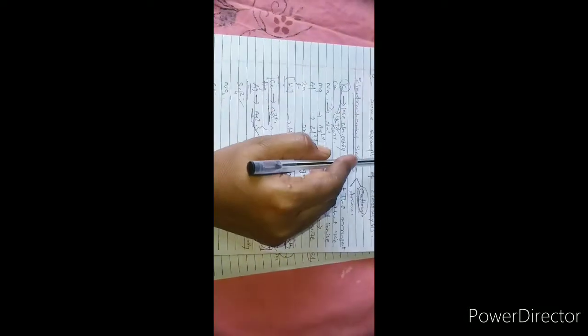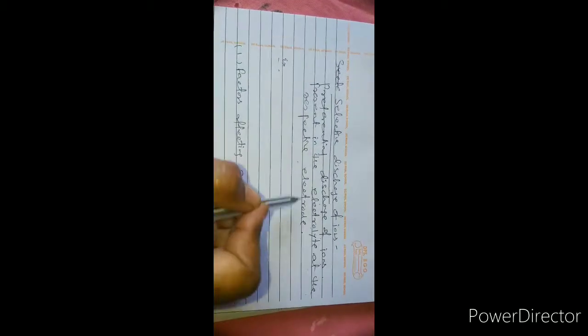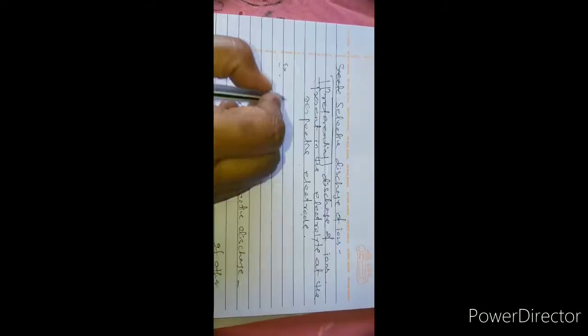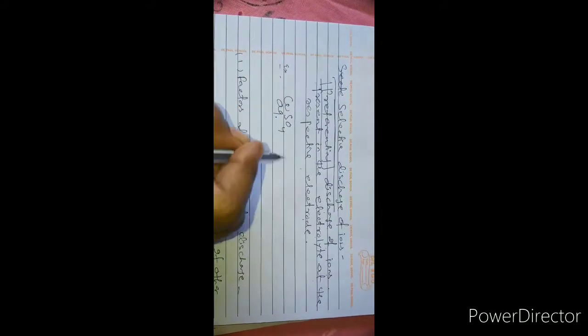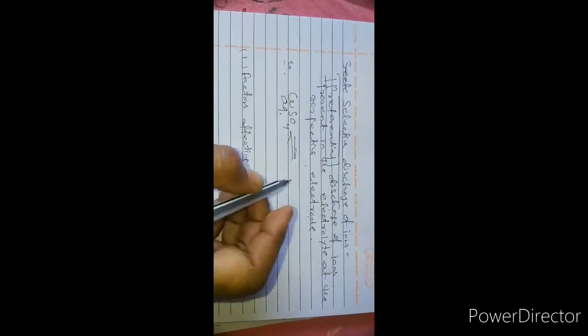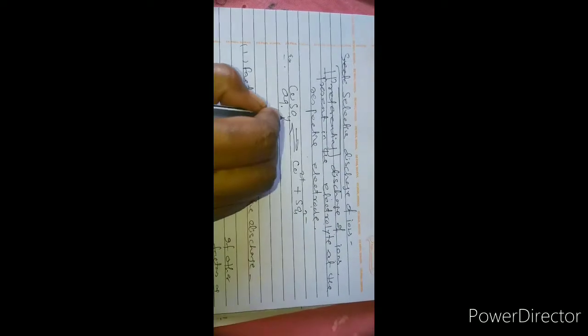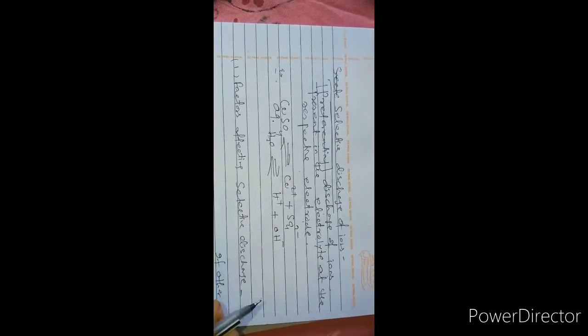Then we will go to selective discharge of ions. The other name for selective discharge of ions is preferential discharge of ions present in the electrolyte at the respective electrode. For example, I am taking aqueous copper sulfate. When it dissociates, we get copper 2 plus and sulfate 2 minus, and from H2O we get H plus and OH minus.